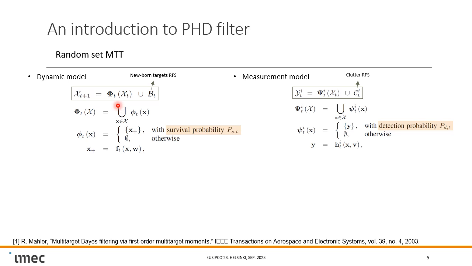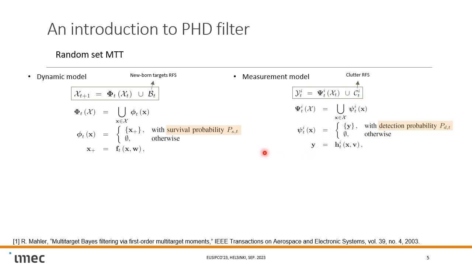The set of the transitioned targets is also a union of a single target transition model. The measurement model is given by the union of the detected targets and also the clutter.